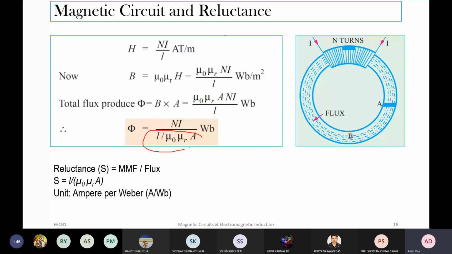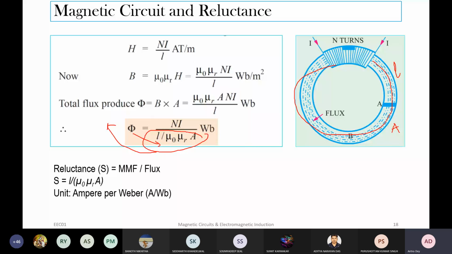If you take this to the other side and take the flux in the denominator, then reluctance is equal to MMF by flux, and that is directly proportional to the length of the magnetic circuit, inversely proportional to the cross section area, and inversely proportional to the permeability. The unit is ampere per Weber. Weber is the unit of flux, and ampere is the NI, I mean your MMF, or AT by Weber, you can write it. That is the unit for the reluctance.